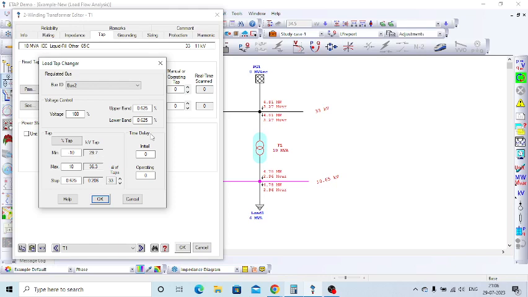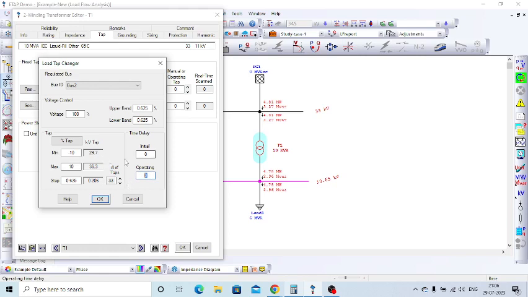The OLTC will first change the tap from nominal to positive tap position 1. Then it will wait for some seconds. Then it will change from 1 to 2, wait for some seconds, then 2 to 3, 3 to 4, 4 to 5. That time is called the time delay. That delay we need to enter here.